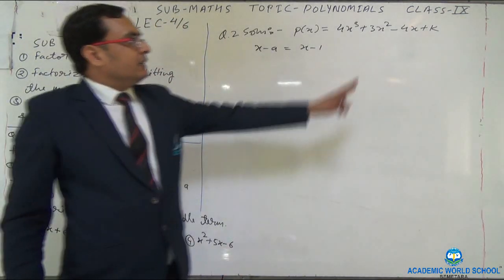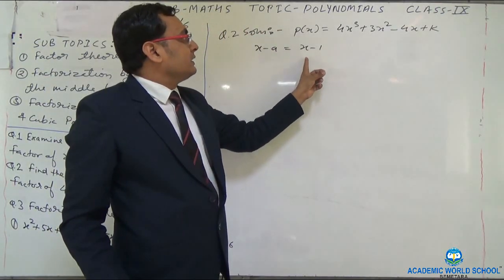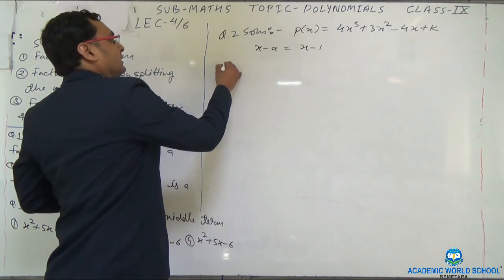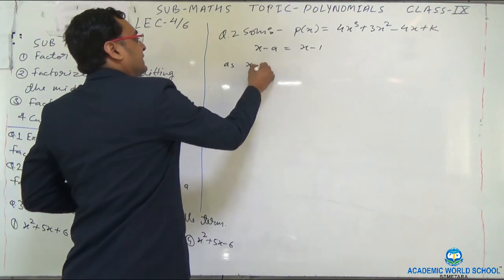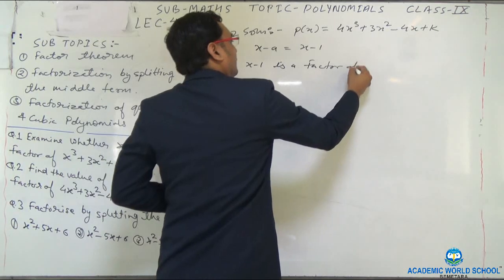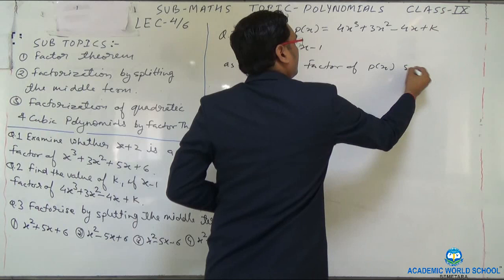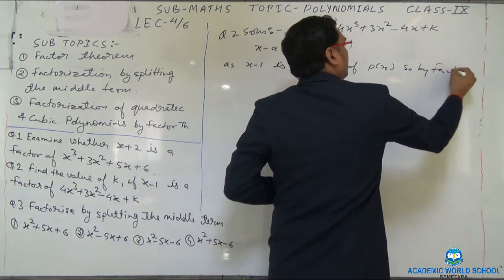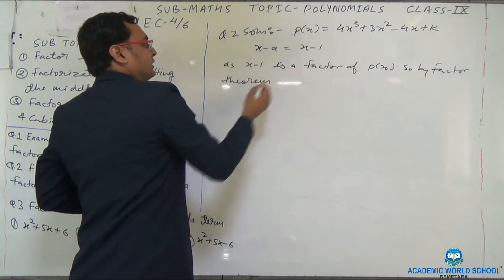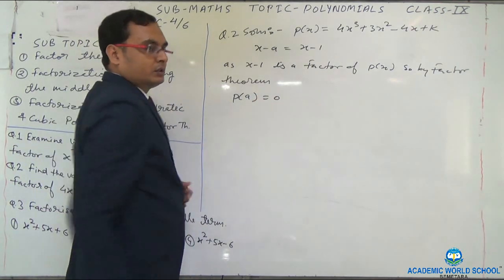We have to find the value of this k if this linear polynomial x minus 1 is the factor of polynomial p(x). So we will say as x minus 1 is a factor of polynomial p(x), so by factor theorem p(a) must be equal to 0.